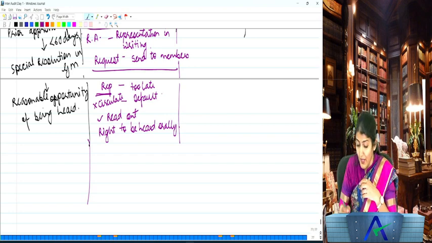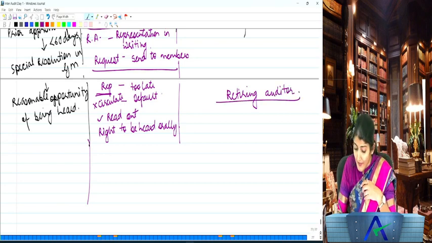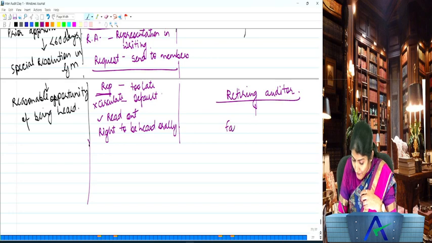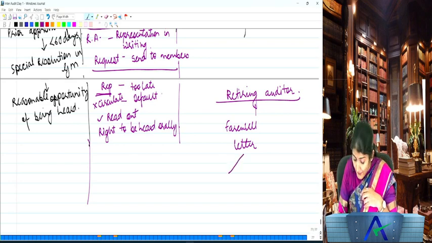That means what? If I am the retiring auditor, as a retiring auditor, I have two powers. One, to give the farewell letter. This farewell letter could be requested to be circulated to all the members.